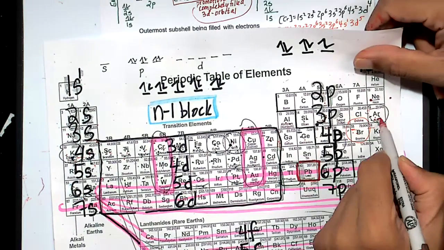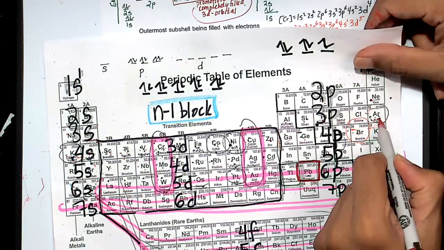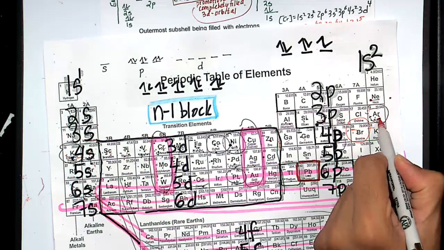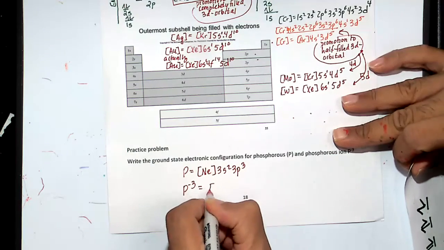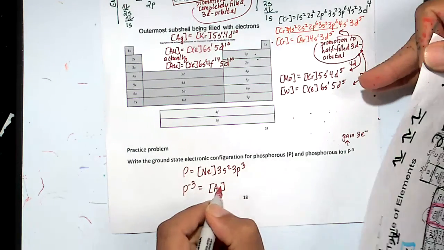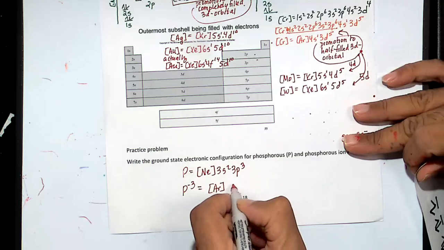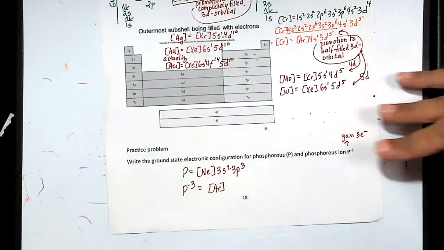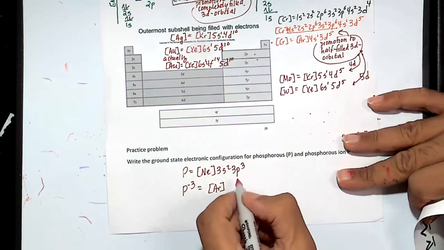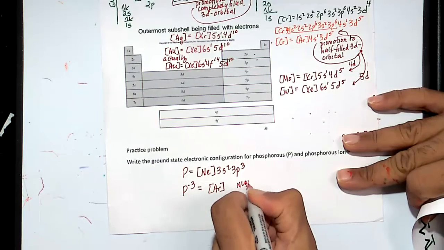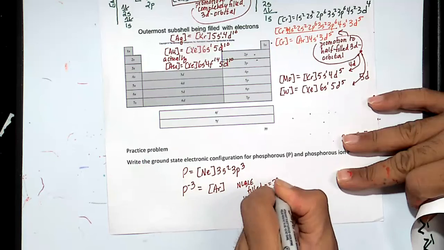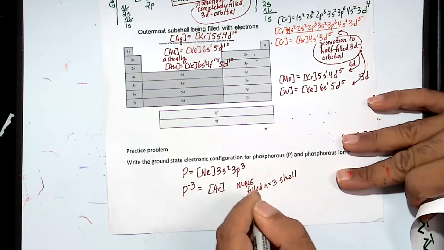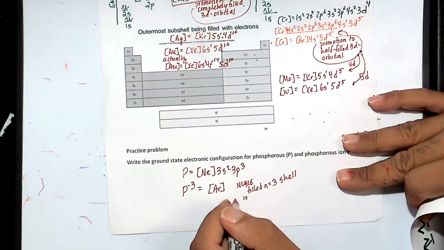You become isoelectronic with argon. I'll just write argon. So that means it's a noble gas configuration, a filled n equals 3 energy level, a filled n equals 3 shell, and isoelectronic.